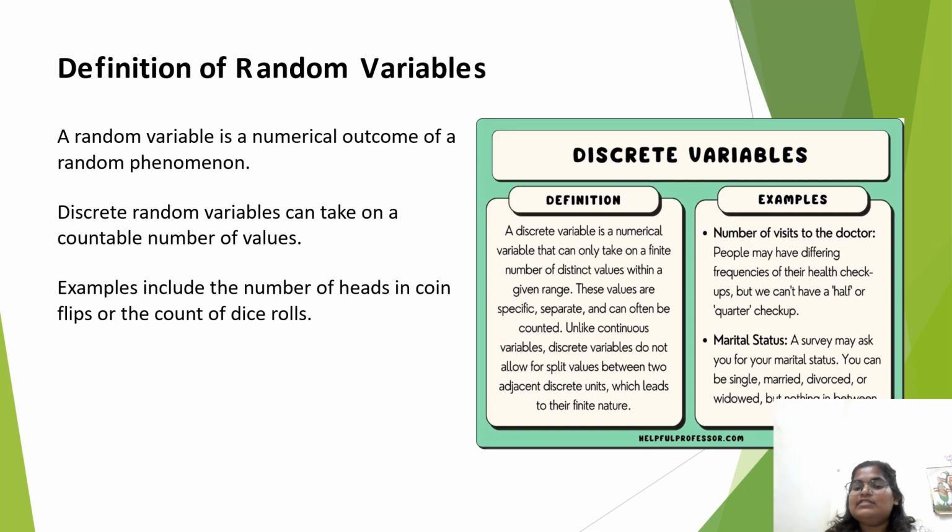Example: the number of visits to the doctor. People may have differing frequencies of health checkups, but we cannot have a half checkup. Marital status: a survey may ask you for marital status. You can be single, married, divorced, or widowed, but nothing in between.